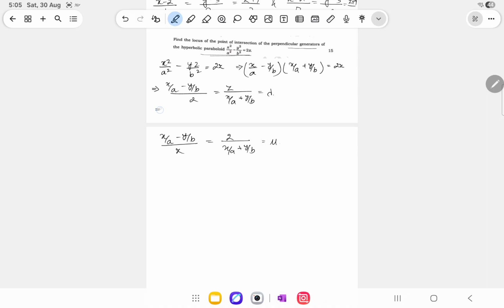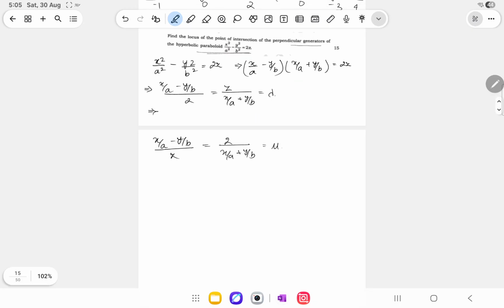If I simplify, I'll get two planes whose intersection gives the line of intersection, and that line is a generator of the hyperbolic paraboloid. So if I simplify, I will get x by a minus y by b is equal to 2 lambda, and from the second one I will get x by a plus y by b minus z by lambda is equal to 0.